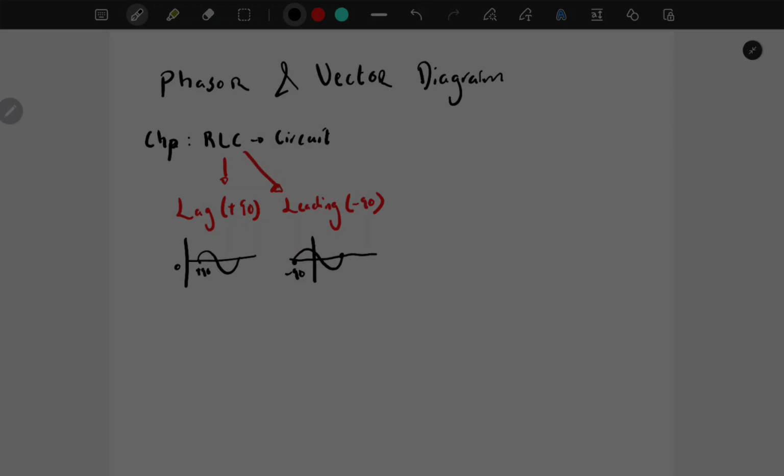So the topic that we're going to focus on in this class is phasor and vector diagrams, right? There are two ways you can remember this. The first is from the diagram and the second is from the equation. Let me explain both methods.